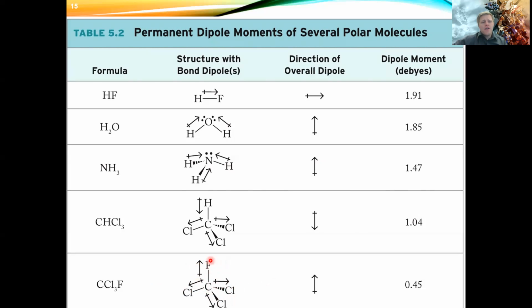However, in this case, fluorine is a little more electronegative than these chlorines, and so its dipole moment is going to be slightly stronger. So we'll still get a dipole facing up, and it'll have a relatively small strength because it's fighting these other dipoles. So those are the kind of thoughts you need to have while you're working through these problems.